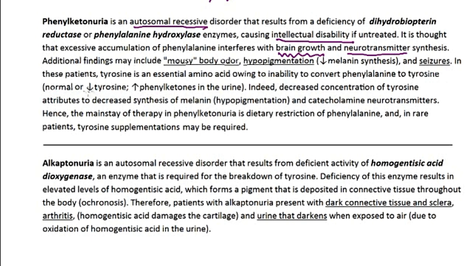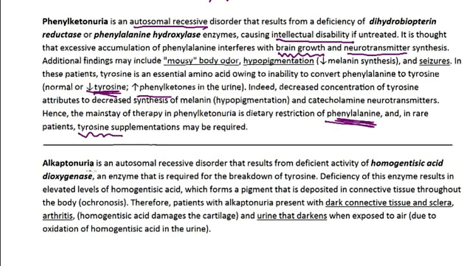There could be normal or decreased concentration of tyrosine while there is elevated level of phenylalanine, and so for the treatment of these patients, it's important to restrict phenylalanine in their diet. Now, most patients will have enough dietary supply of tyrosine, but if there are some patients that have low level of serum tyrosine, then in those patients tyrosine supplementation is definitely required.